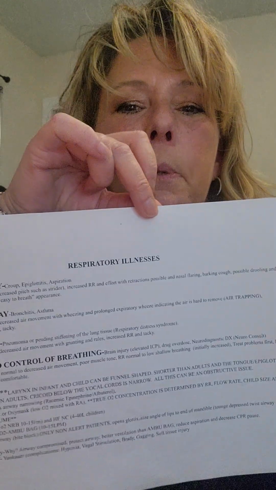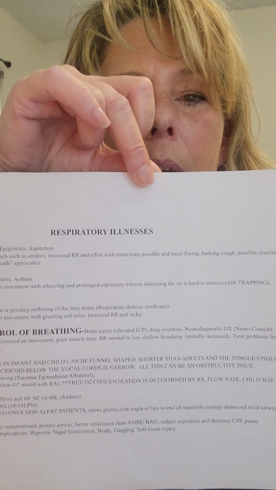So now we're going to jump in, and if you have this PDF of respiratory illnesses out, it's labeled in black bold at the top. We're going to review those 4 respiratory illnesses, and that is upper airway, lower airway, lung tissue disease, and then disordered controlled breathing. All right?